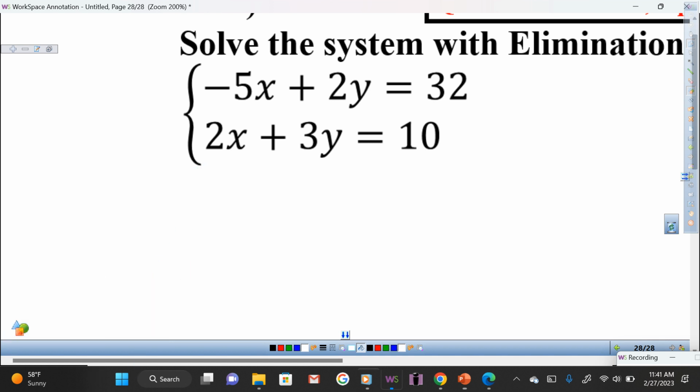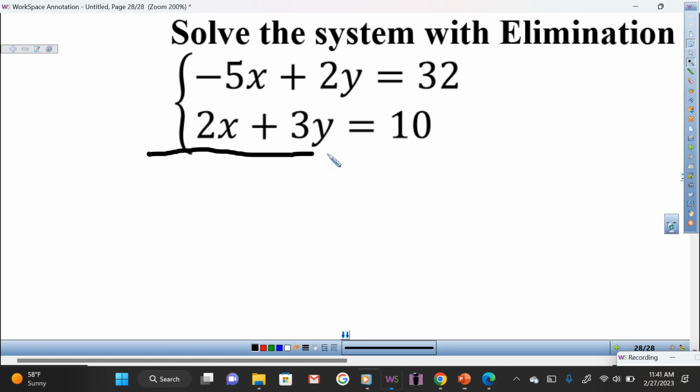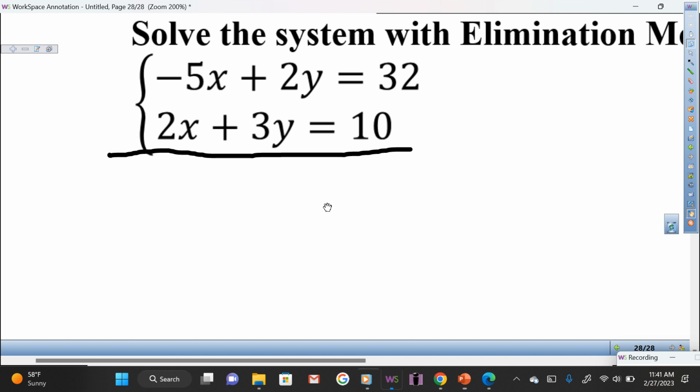All right. So look at them. Are they in standard form? Yes, Mr. Q. Okay. So, can we eliminate the x's? No. How about the y's? No. All right, but this one's tricky though.